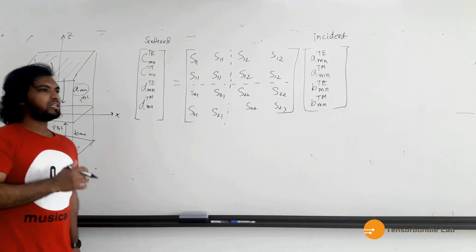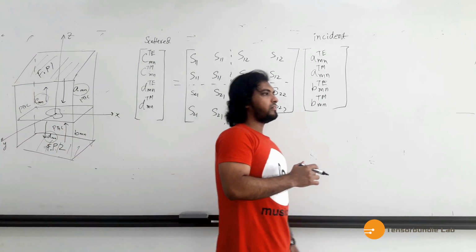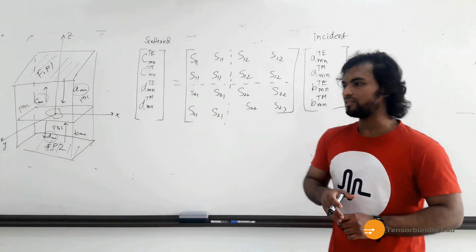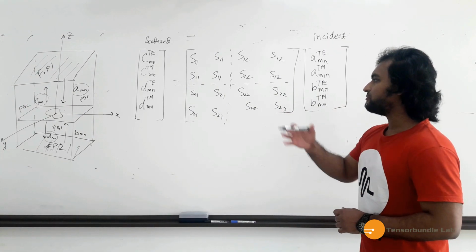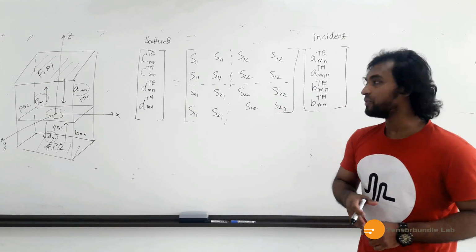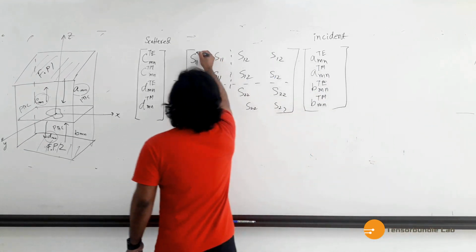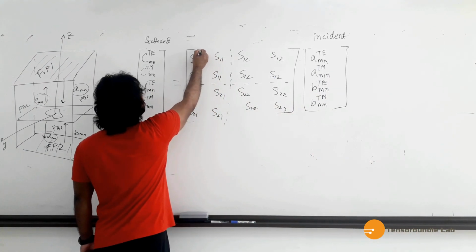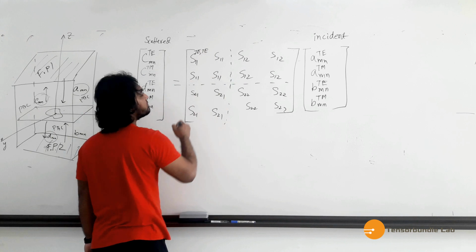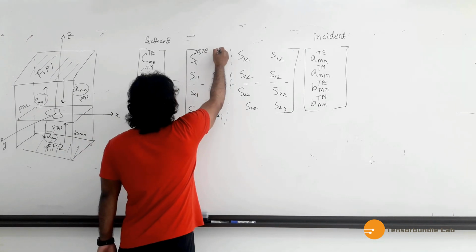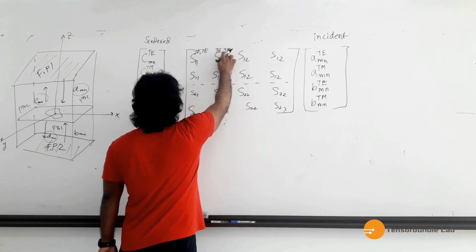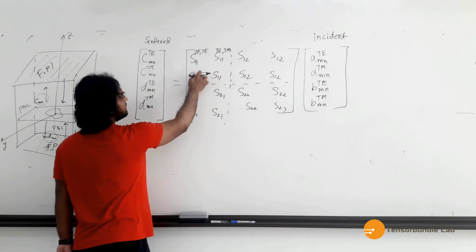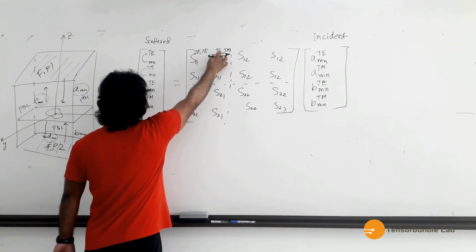Okay. Now, as I was saying, there will be transverse electric and transverse magnetic modes associated with all incident and scattered waves. So we will write S11 first, transverse electric for both, and for here, transverse electric and transverse magnetic. And this diagonal component will be the opposite of this.